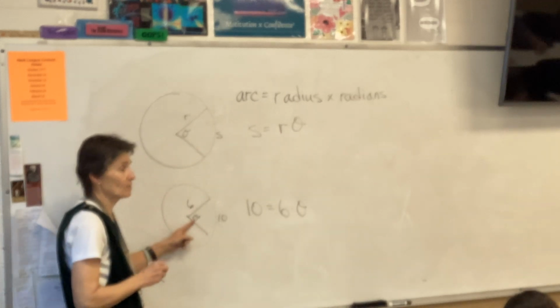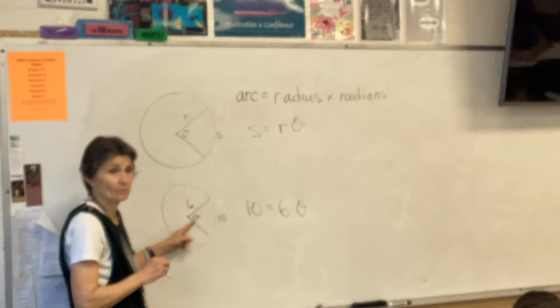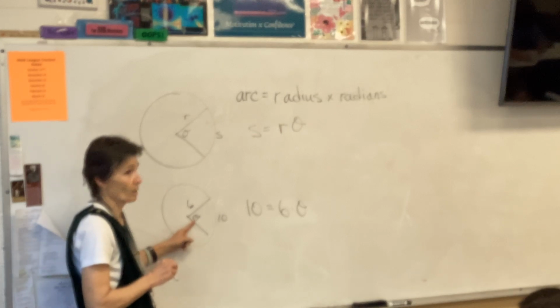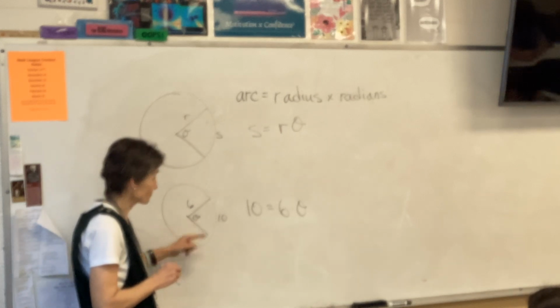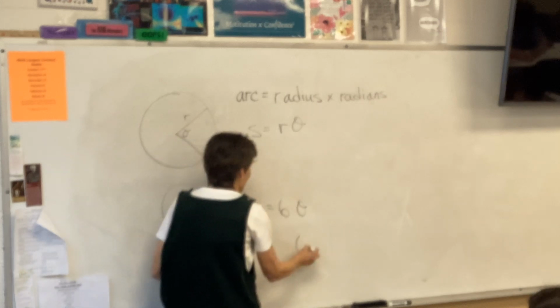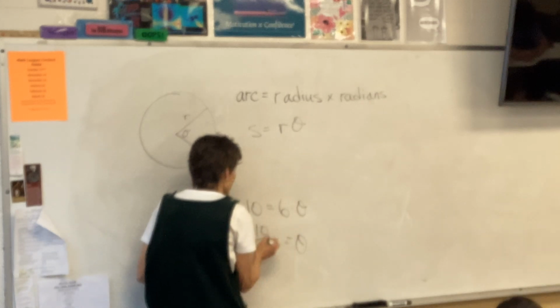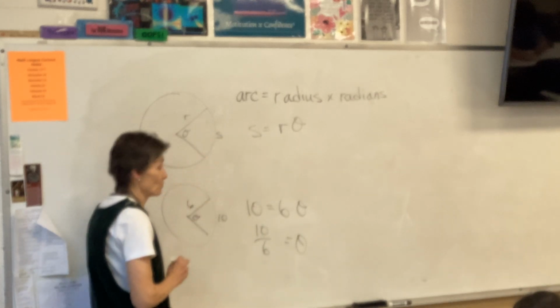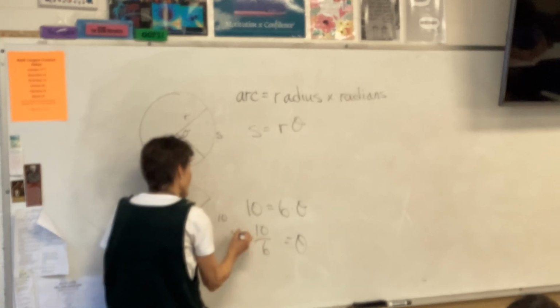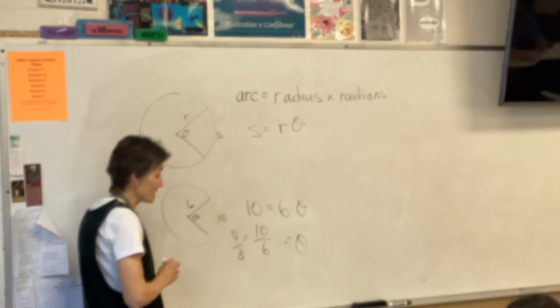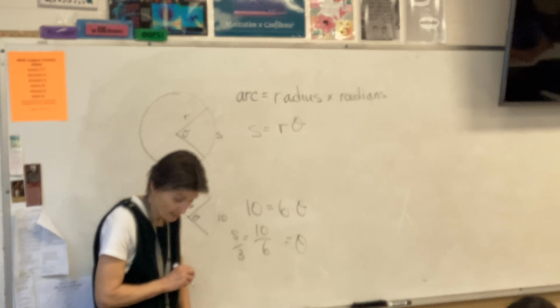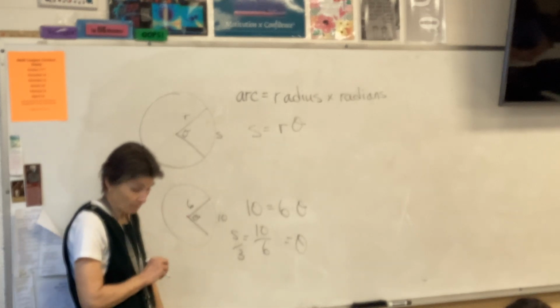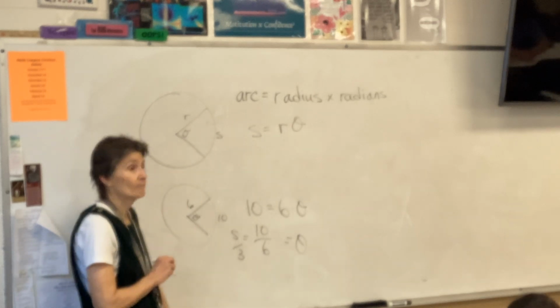Remember, if you don't like the Greek letter theta, you can certainly replace that with whatever variable you want, like an x or something. It's a variable. So 10 over 6, which reduces to 5 over 3. So the answer to question A in number 5 is simply 5/3.